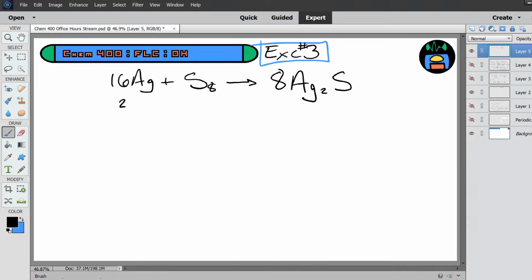So we're mixing, let's see. What I'm going to do is, again, just pick different units. I'm going to pick 1.87 grams of silver and 1.87 grams of S8.